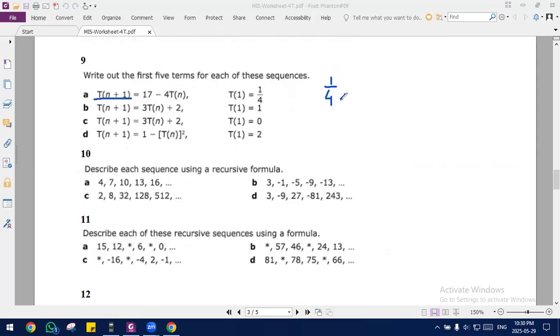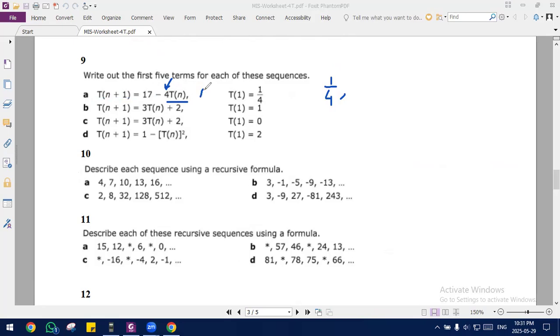Now, second term. The second term means the previous one, because they said Tn plus 1. What do you have to do to the previous one? You should times it by 4. And then the answer that you get should be subtracted from 17. 1 over 4 times 4 is 1.